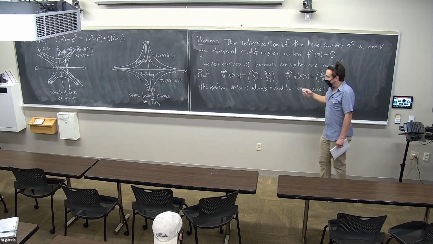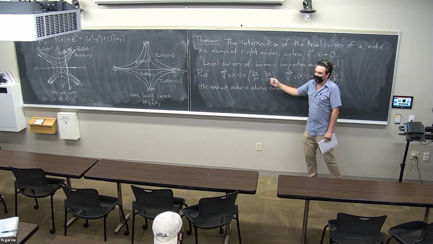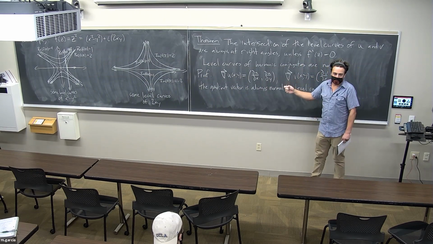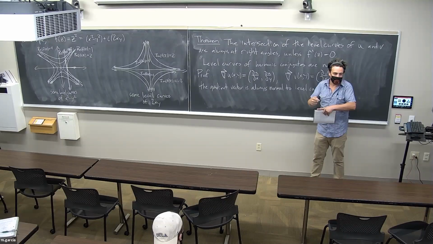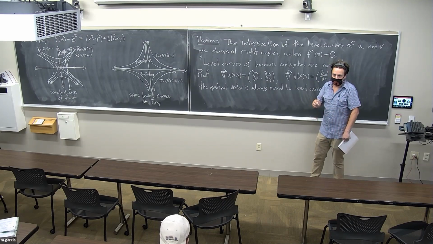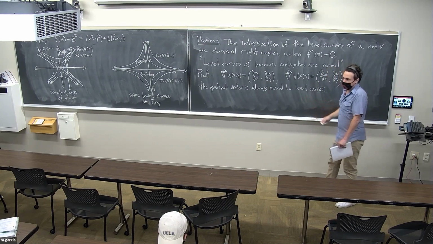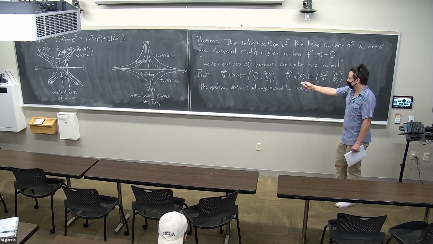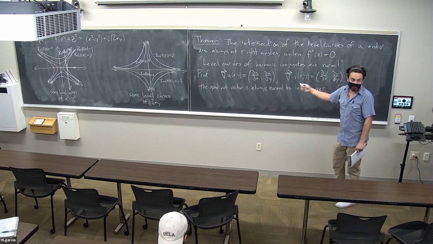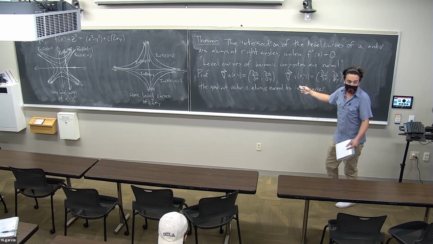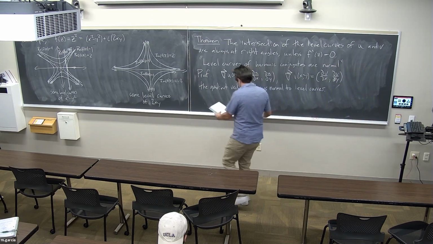So that means if I can show that these two vectors are perpendicular, then the curves themselves must be perpendicular at each point, right? Is that okay? Yeah, if you use the Cauchy-Riemann equations. Exactly. That's what we'll do. We'll take the dot product of these two gradient vectors, use the Cauchy-Riemann equations to show that in fact it must be 0.